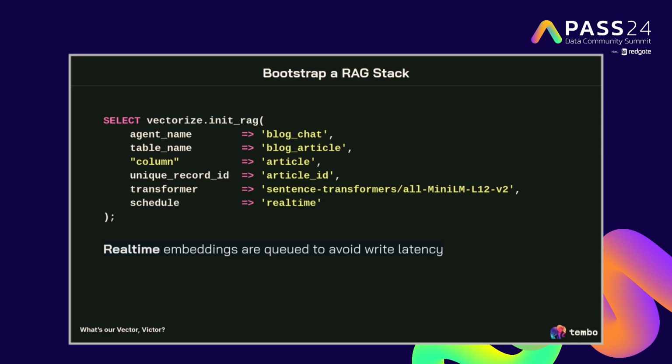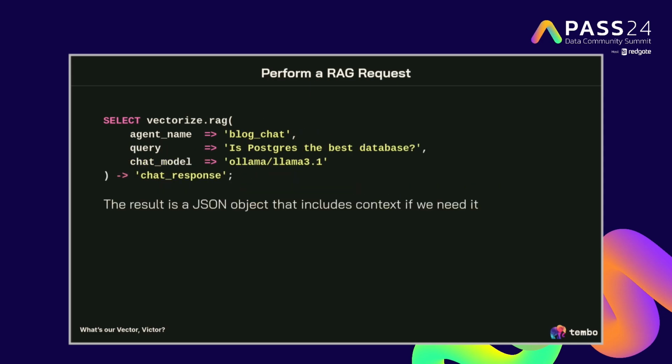It will match the elements here, like there's my query for the RAG search. It will find the top 3 results. So basically the references, the blogs, or whatever that I pulled back, feed them back into the LLM along with my question, is Postgres the best database? And then it will come back with a response immediately.